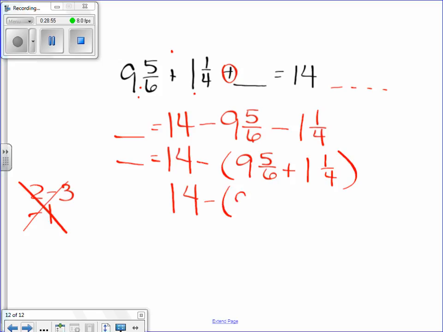Okay, so the common denominator would be 12. That would be 10. That's 3.